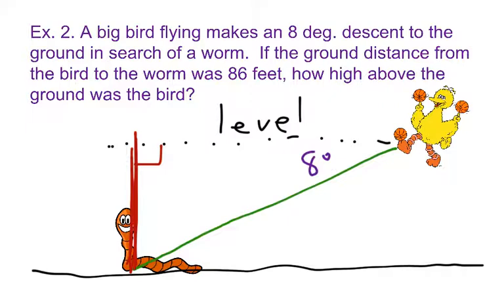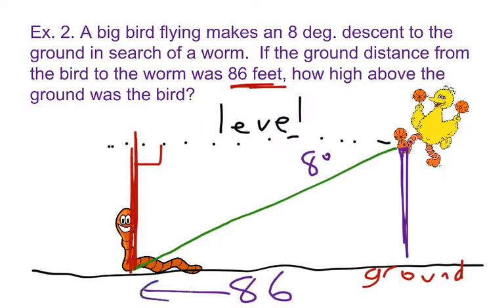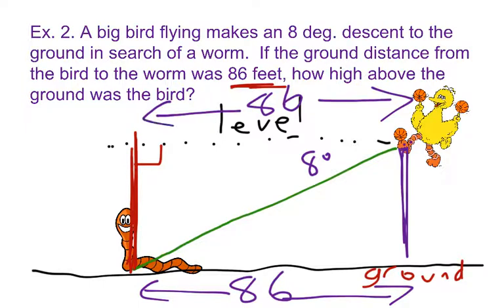And it says the ground distance was 86 feet. Well, this is our ground over here. So that ground distance from up here is 86 feet. So if this is 86 feet down here, and this basically makes a rectangle, so that's going to be 86 feet from up here, because we know opposite sides are the same.